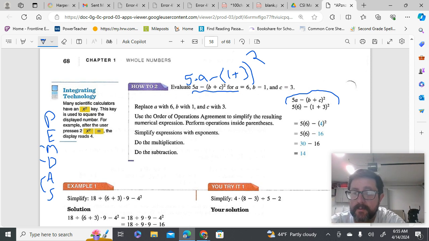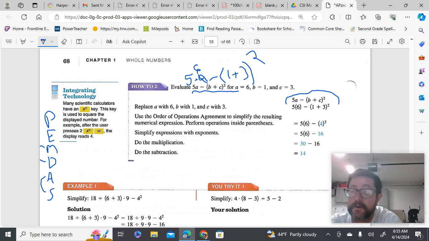Right now I'm not using my calculator, but if we wanted to, now that we have this written out as 5a, actually let's change that a to a 6. So you have 5 times 6 minus 1 plus 3 squared.